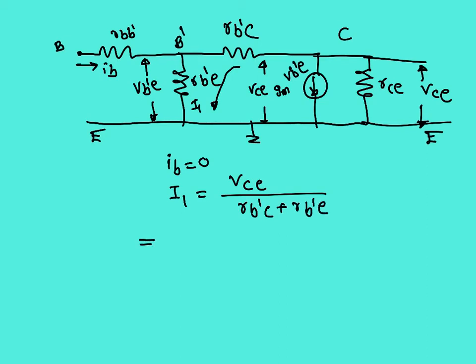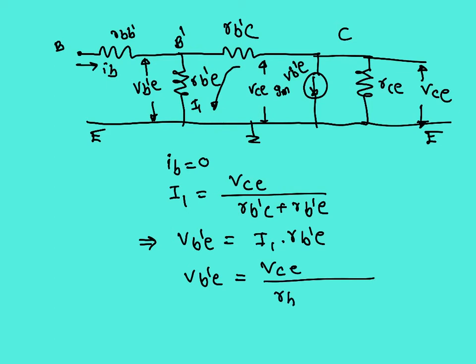So from this, Vb'e can be written as I1 into rb'e, which is equal to VCE by (rb'c plus rb'e) into rb'e.